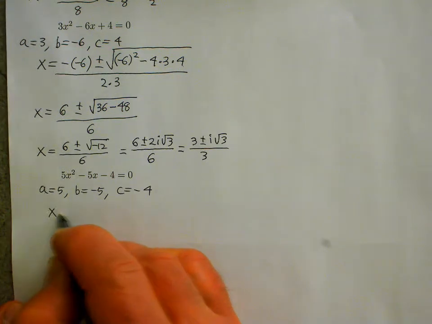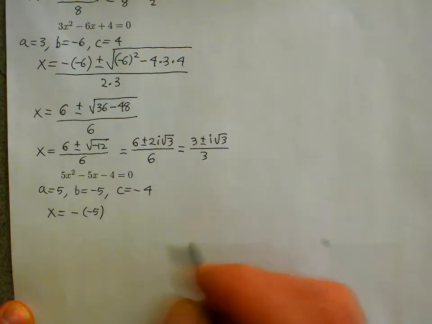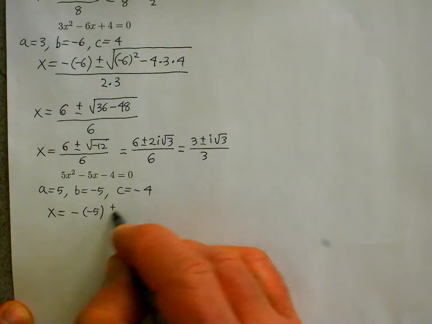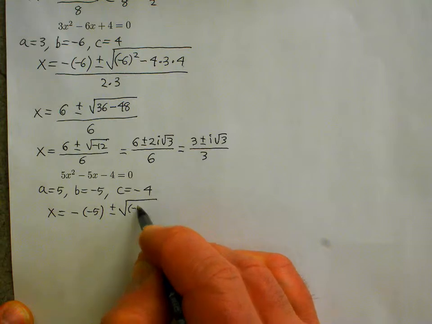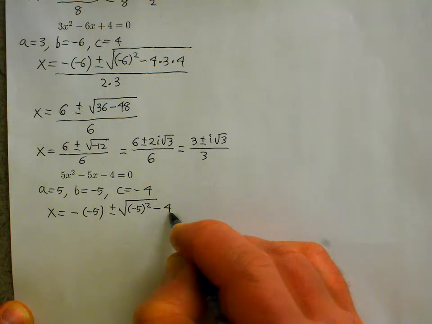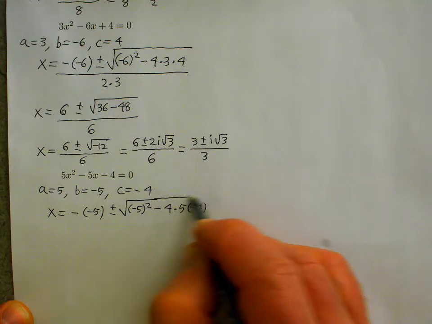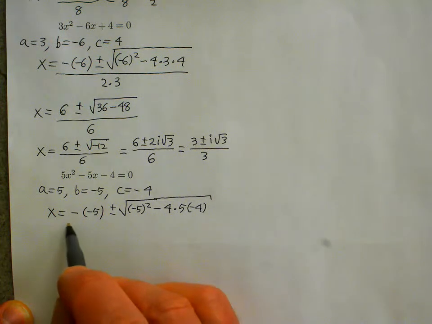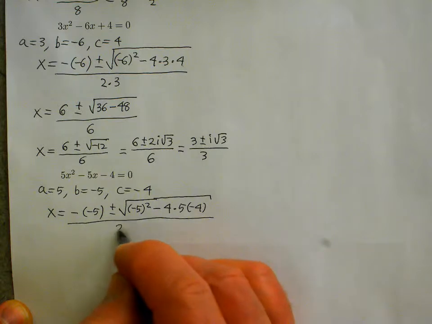So x equals the negative of negative 5 plus and minus the square root of negative 5 squared minus 4 times 5 times negative 4, all of that inside the square root, divided by 2 times 5.